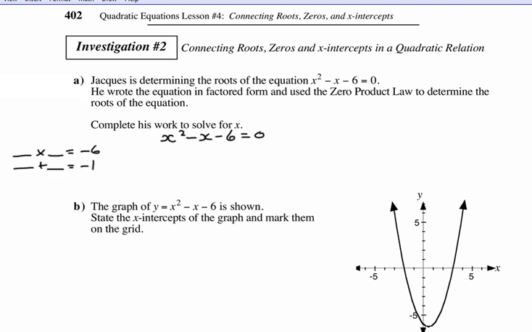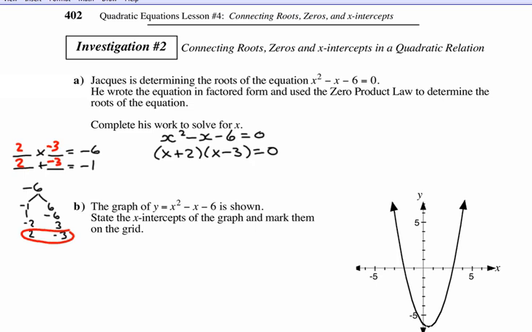Whenever we multiply to a negative, we need a negative and a positive. So we could have negative 1, positive 6, or 1 and negative 6. Negative 2, positive 3, or 2 and negative 3. Which one adds to negative 1? 2 and negative 3. Now, if it's simple, do we have to do any more work? No, it's just x plus 2, x minus 3 equals 0.